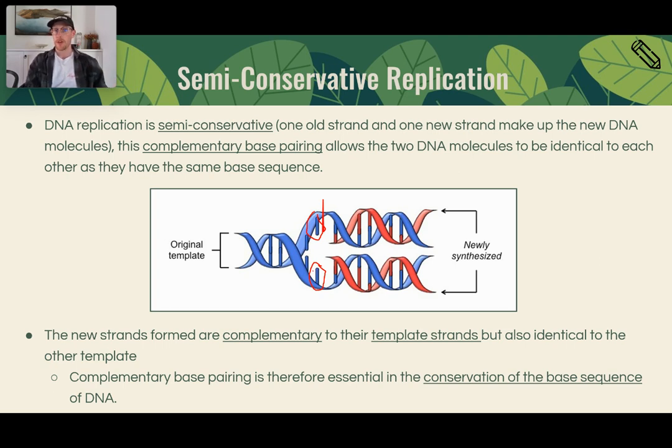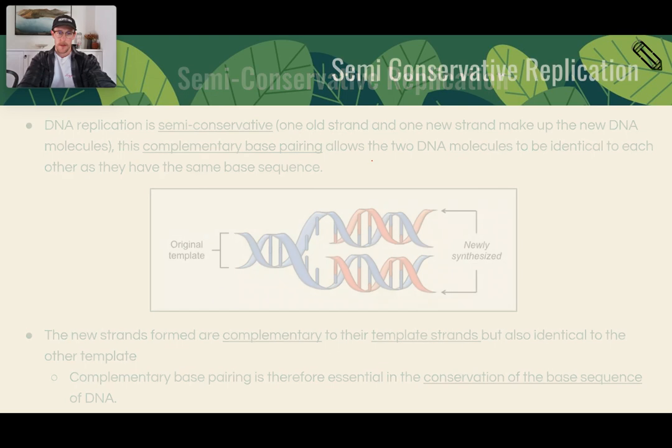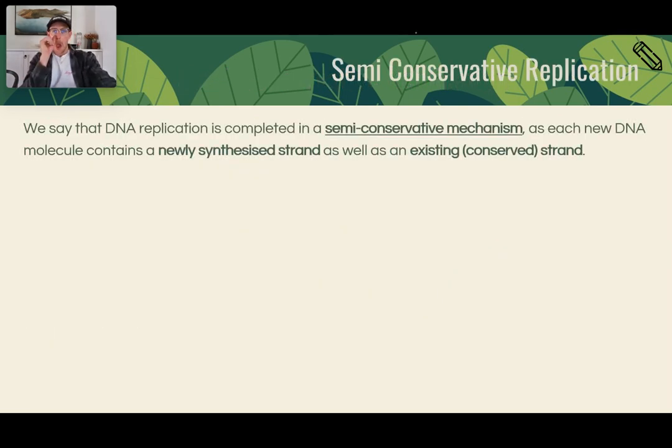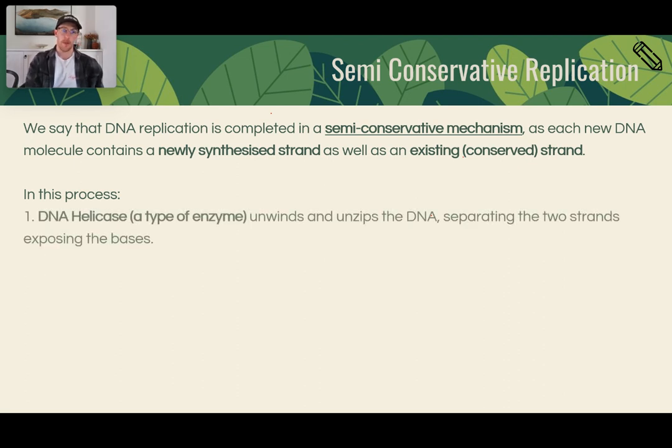Because those rules are universal, it just ensures that when we copy DNA, we can keep the exact same base sequence going, so then they can conduct the same functions. All right, and that's just exactly the same as what I've just said. When we look at semi-conservative replication, we have an old strand and a new strand created.